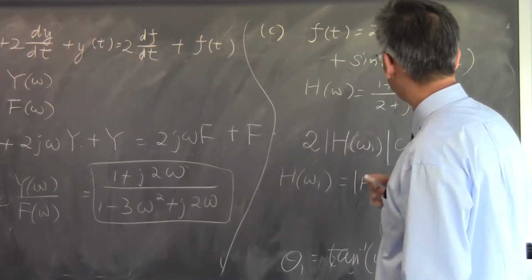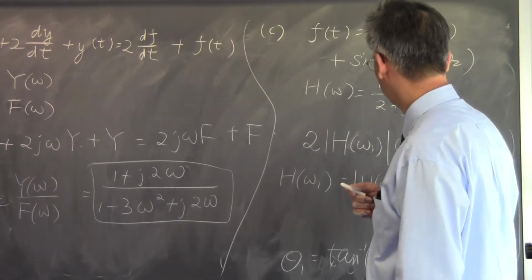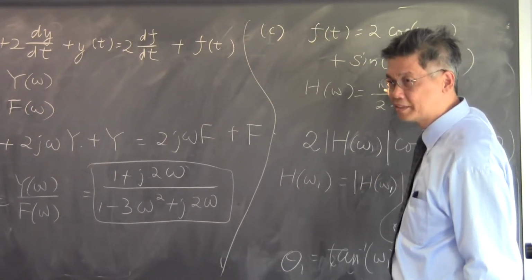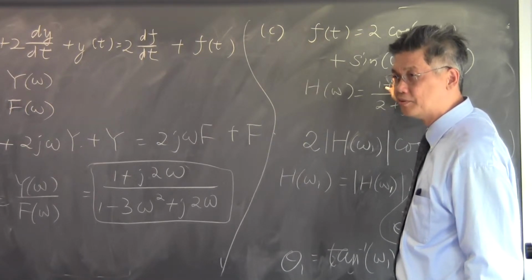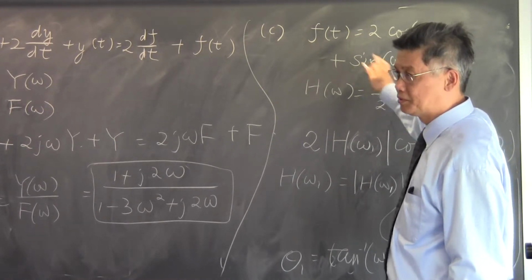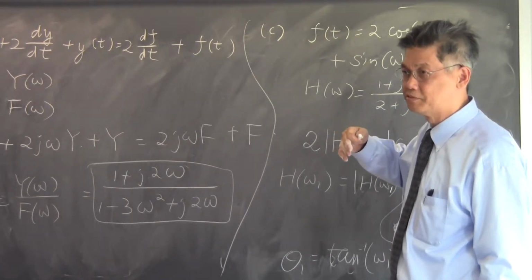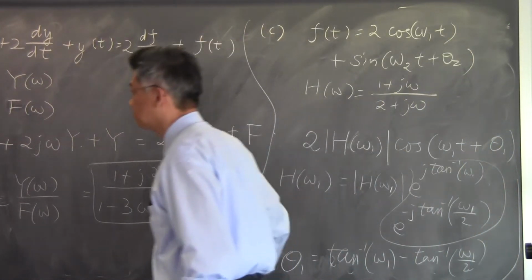If I were to put the second term through it, I can also go through the usual machinery of converting this back into the phasor form, and then put it through it, and then reconstitute that back into the time form. Or I can do it by inspection.